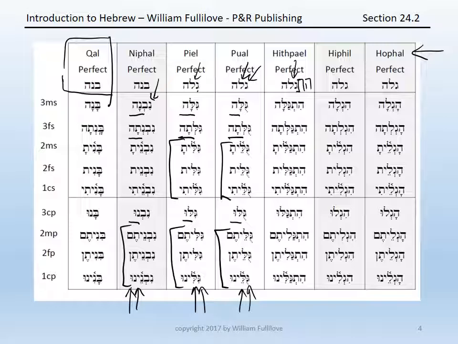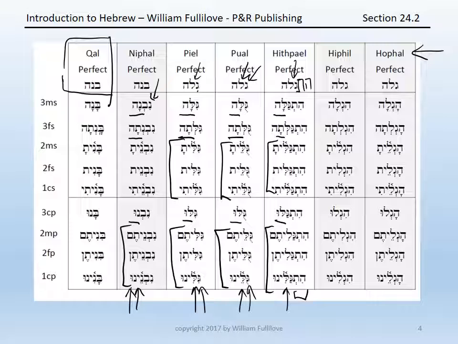You have the tip-offs of the Hitpael, the doubled letter and the hit prefix, and the same behavior of the he mater. Replaced, becomes a tav, becomes a hireq yod. Disappears, becomes a hireq yod.